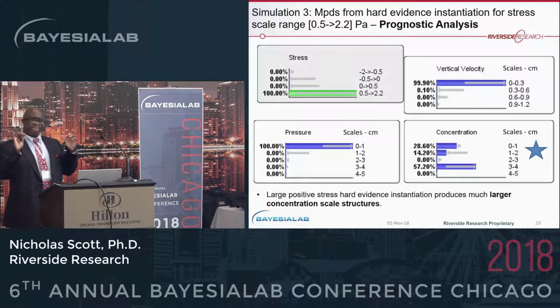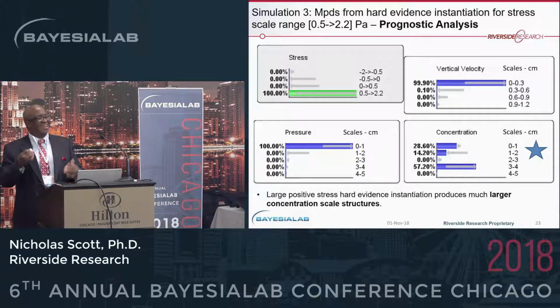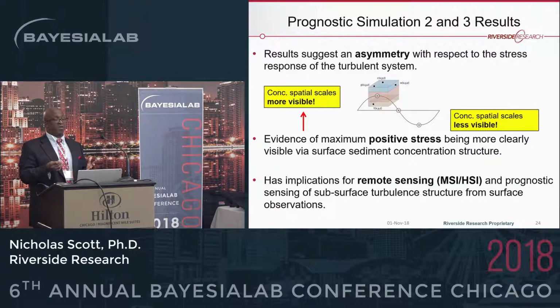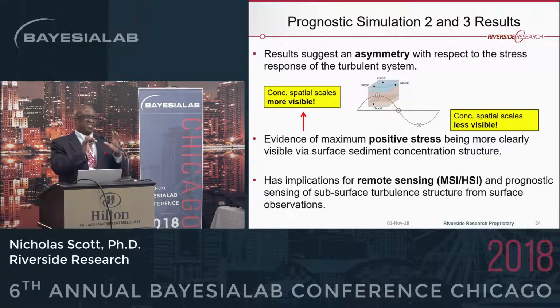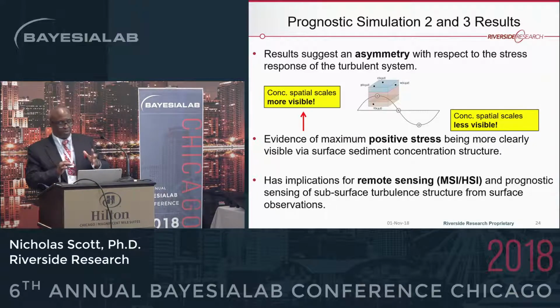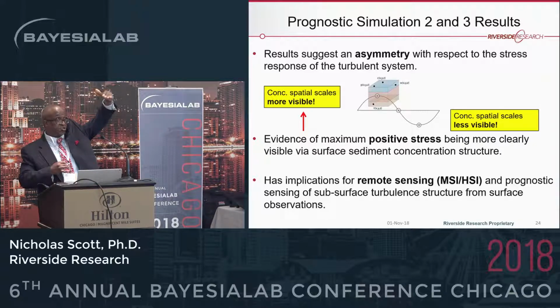concentration scales. What this means, practically speaking, is that from a naval intelligence perspective, naval sensors can sense large scales better than small scales. So their sensor is going to most likely be able to pick up stress that's positive rather than negative.